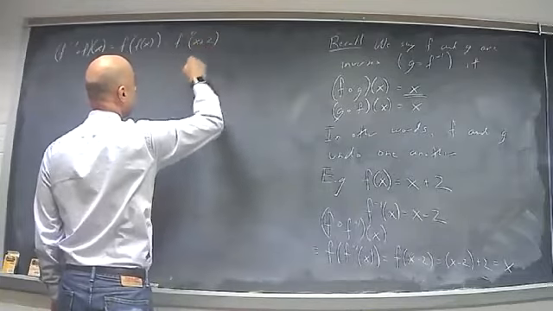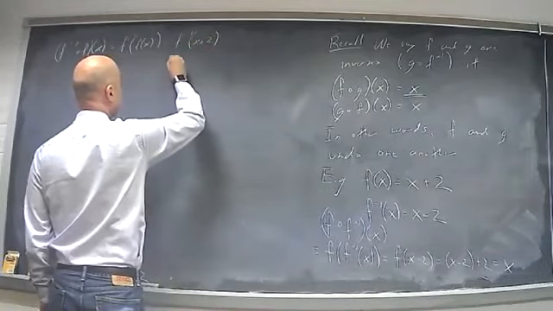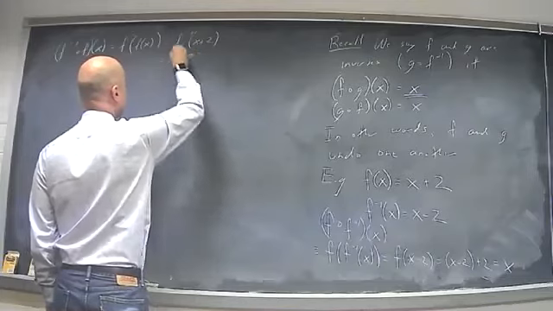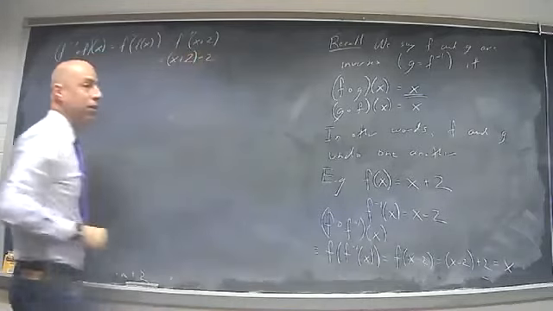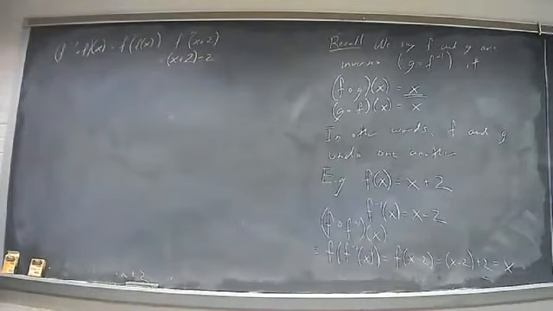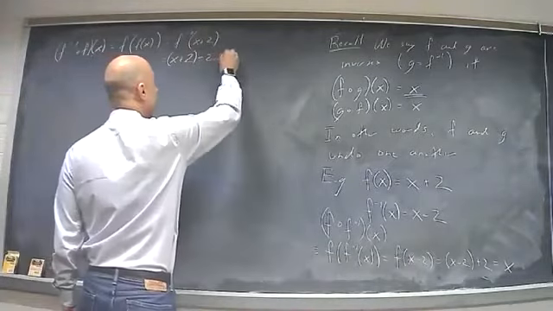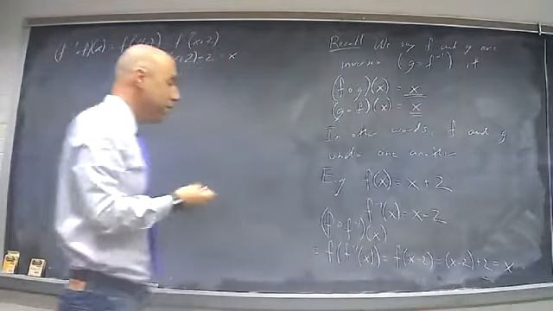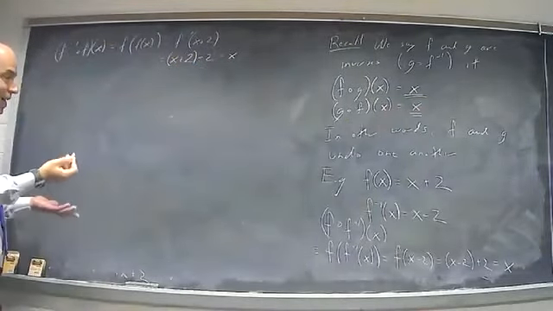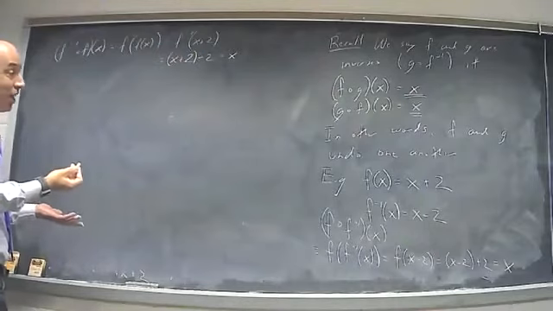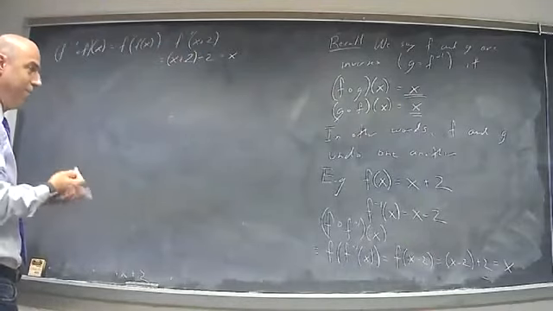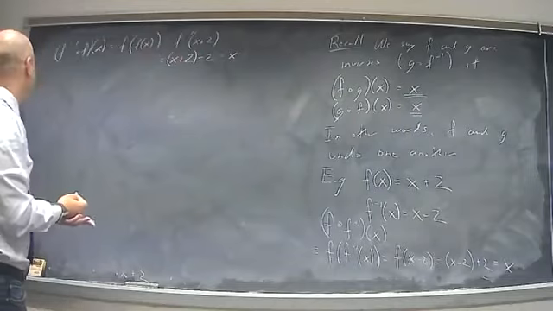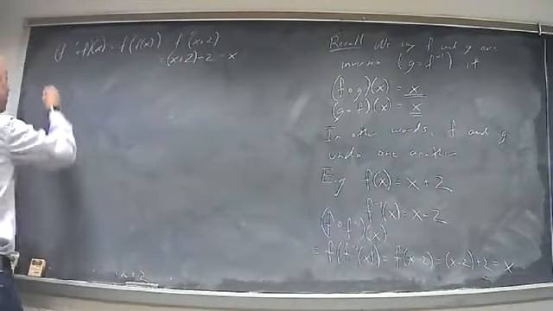And f inverse just subtracts 2 from something, so that's equal to x plus 2 minus 2. And again, the plus 2 and the minus 2 cancel out, and they give you just plain old x, which you're supposed to get. So the opposite of adding 2 to something is subtracting 2. So if f is x plus 2, then f inverse is x minus 2. Let's take a look at another example.